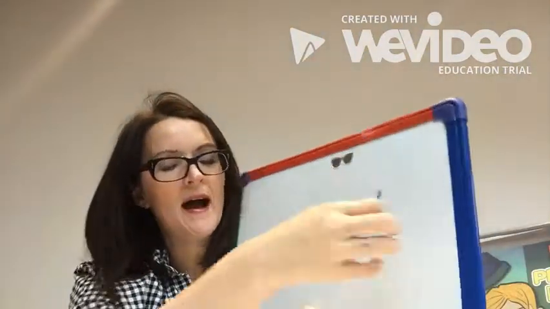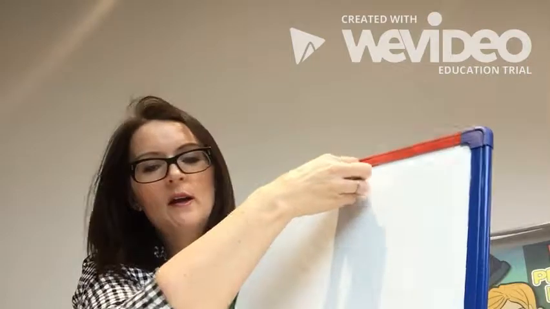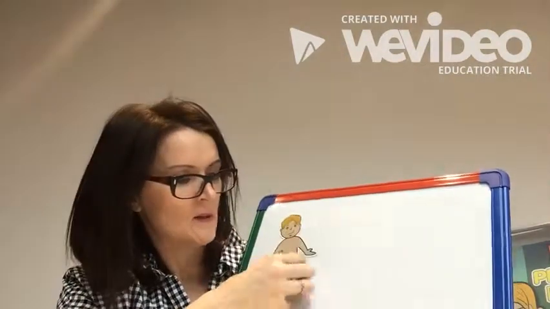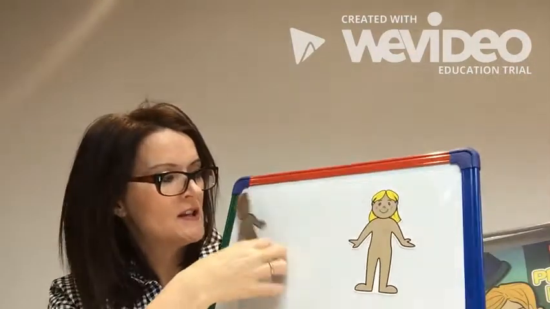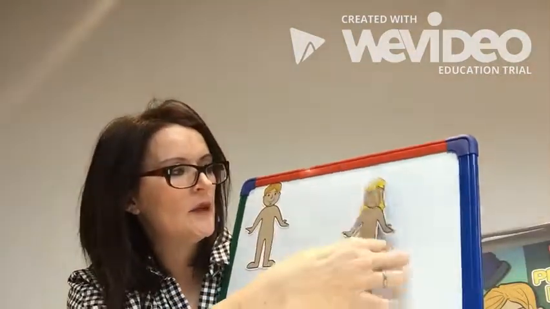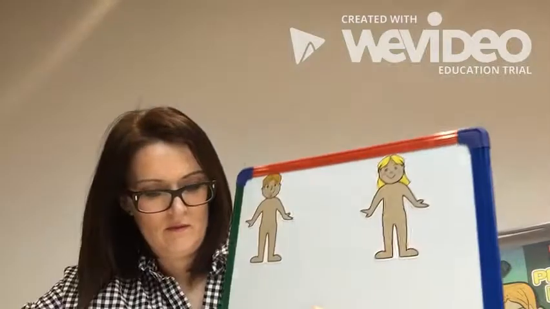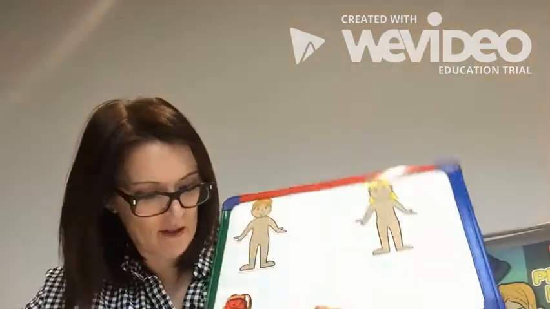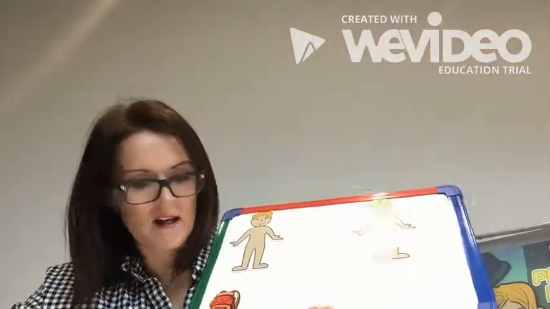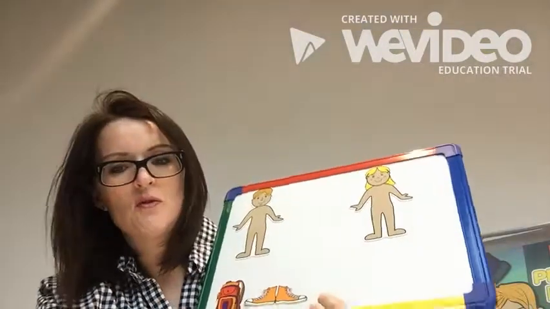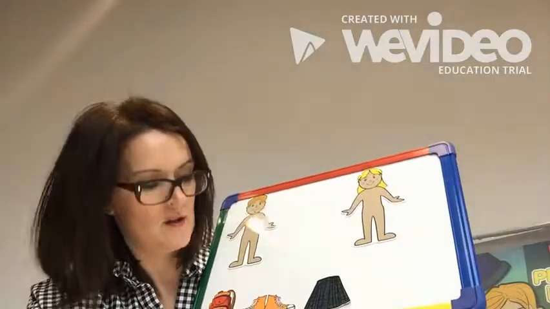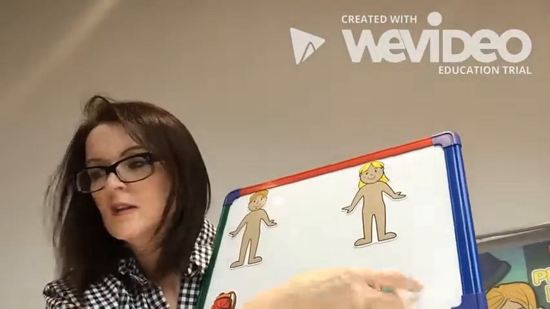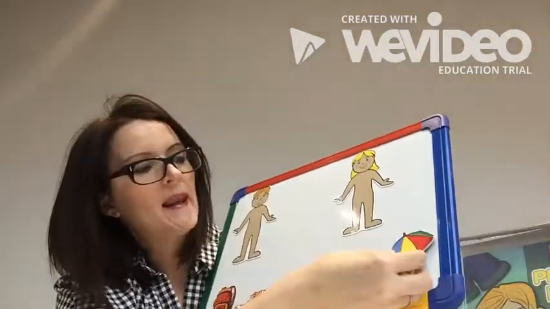So once you have, if we're going back to just boy or girl, we'll go back to the boy and the girl. Once you've done that, you can then just put a range of vocabulary along the bottom, so a range of nouns along the bottom. So say we're going to use bag, we're going to use shoes, we're going to use skirt, we're going to use socks, and we're going to use the umbrella.